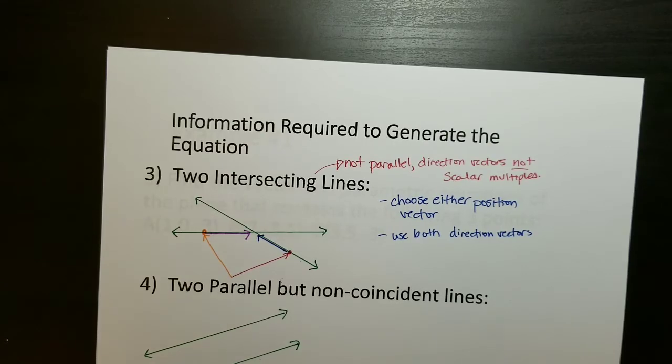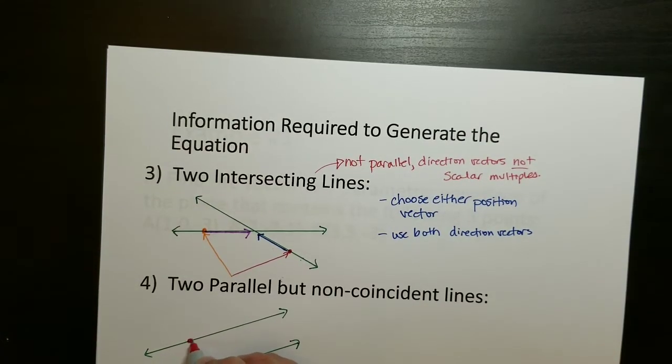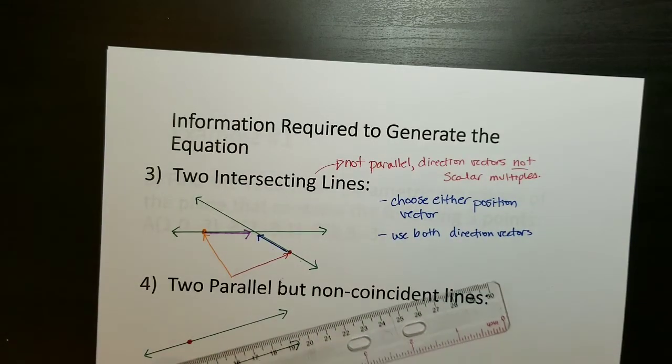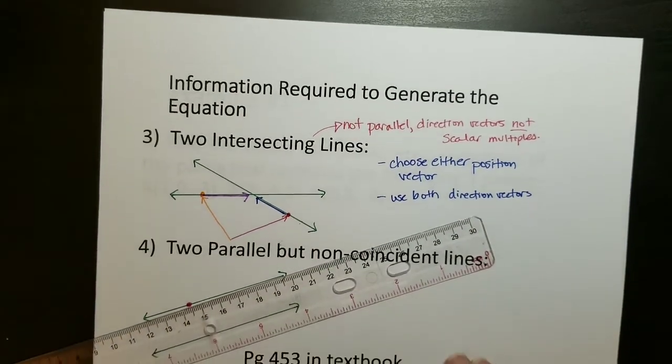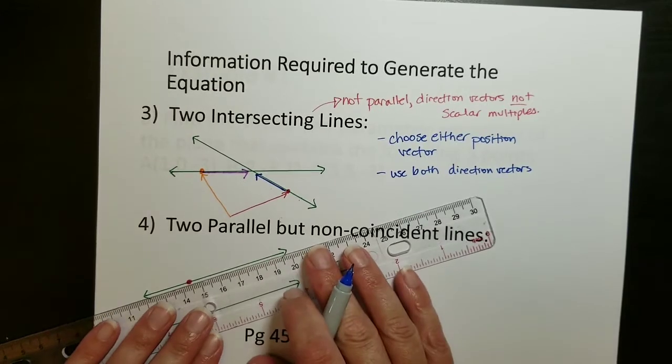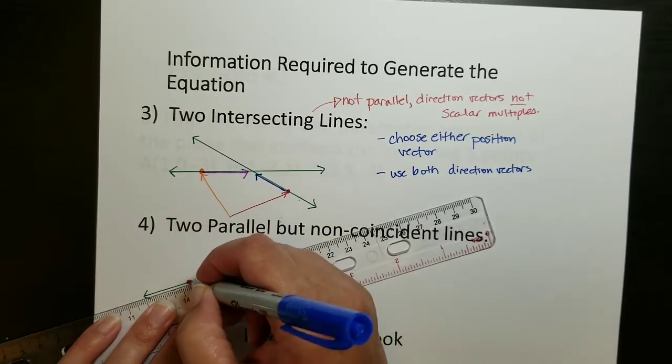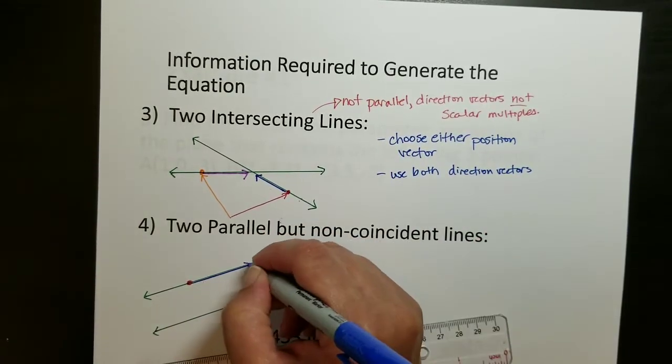So here, I'm going to try not to mess up my color coding too much. Each of these parallel lines will have a point and a direction.